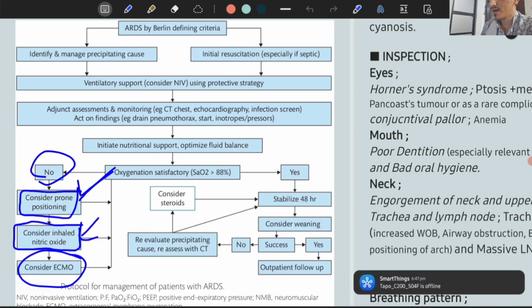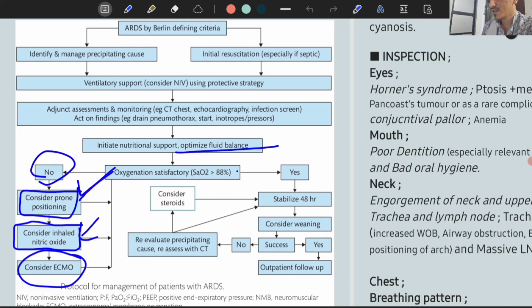Now, if the patient is maintaining the saturation, then you will see whether the patient is stabilized for 2 days, meaning 48 hours. If stabilized for 2 days, then you will consider weaning. Weaning is bringing the patient down from higher respiratory support to lower respiratory support, step by step, not abruptly. For example, if the patient is intubated and on high PEEP, you will lower the PEEP first.